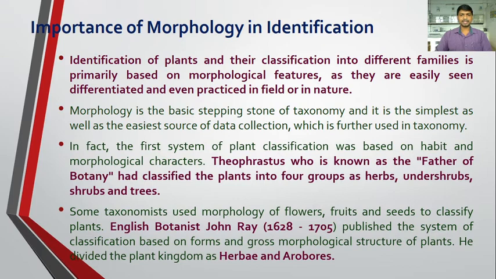If we see the history of plant classification, the first system was developed by Theophrastus, who is known as the father of botany. He classified the plants on the basis of habit and other morphological characters into 4 different groups as herbs, undershrubs, shrubs and trees. Similarly, English botanist John Ray divided the plant kingdom as herbae and aerobores, on the basis of forms and gross morphological structure of plants.